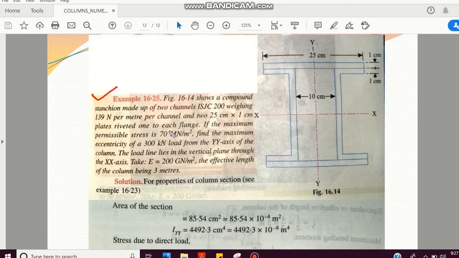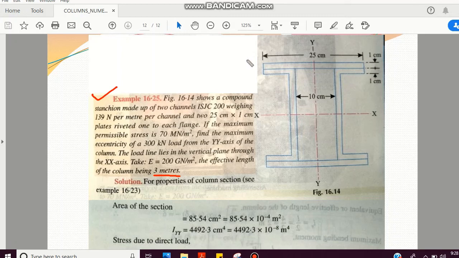If the maximum permissible stress is 70 meganewton per meter square, find the maximum eccentricity of a 300 kilonewton load from the YY axis of the column. The load line is in the vertical plane through the XX axis. Take E equals 200 giganewton per meter square and the effective length of the column being 3 meter.